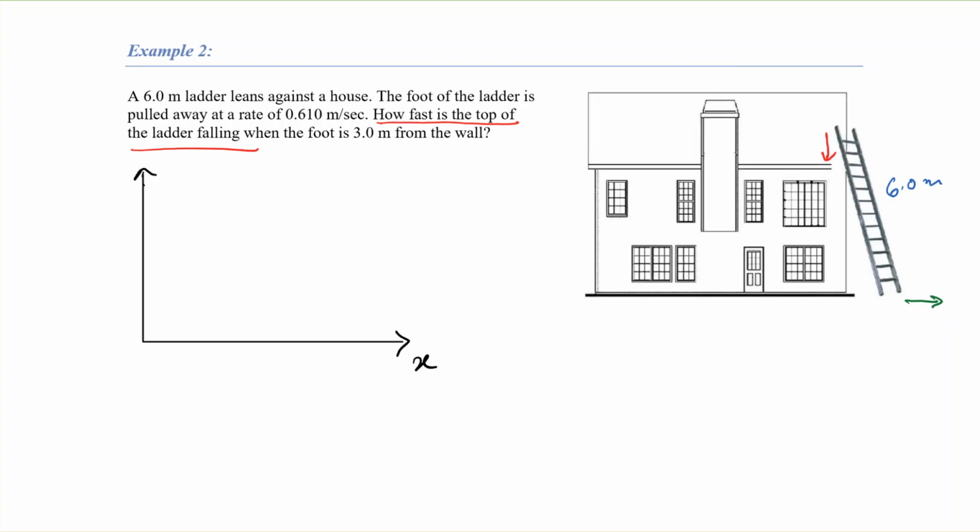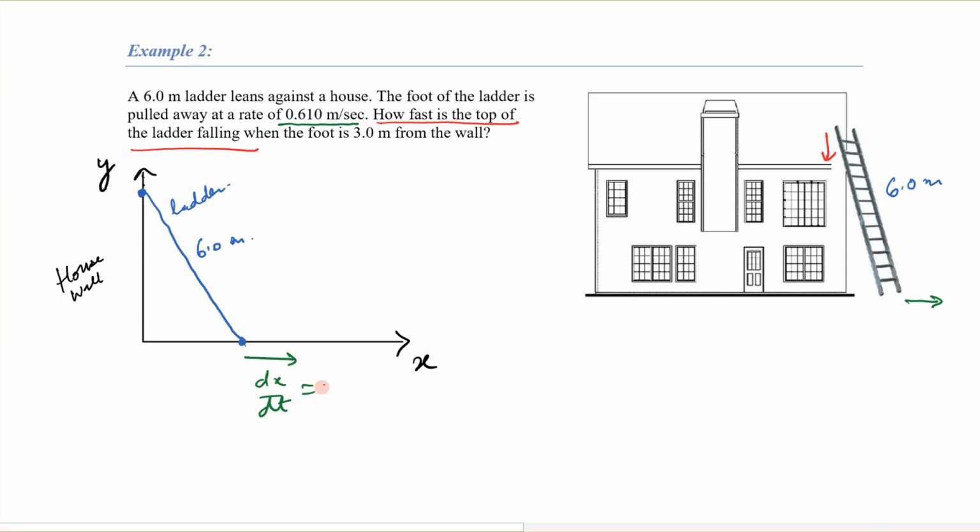So let's say this is our house, and we have the x-axis, the y-axis, and the ladder which is 6 meters long. We are given that the foot of the ladder is pulled away at a rate of 0.610 meters per second.